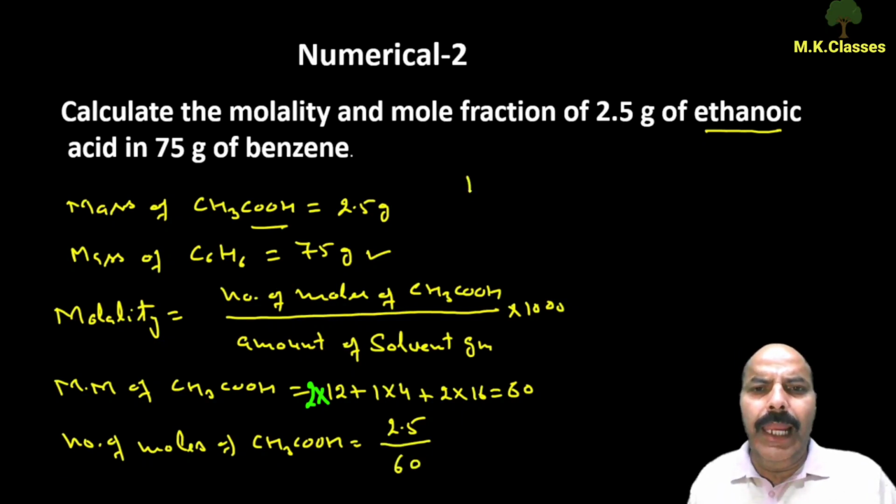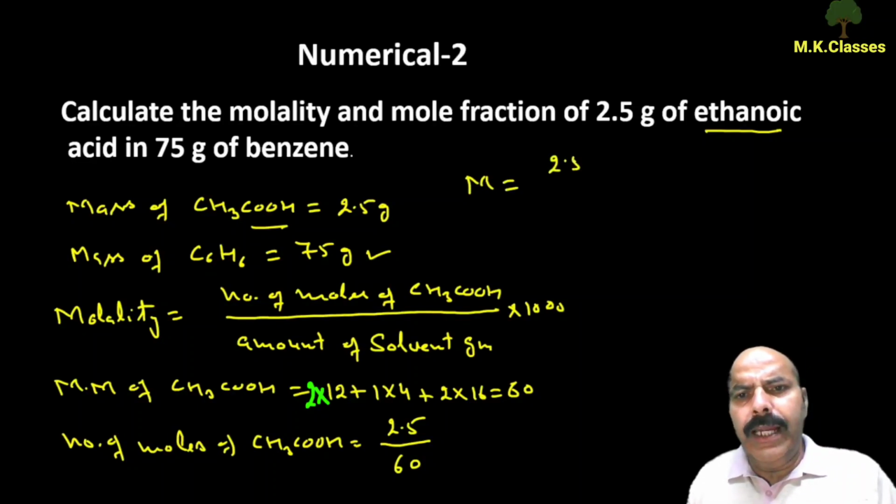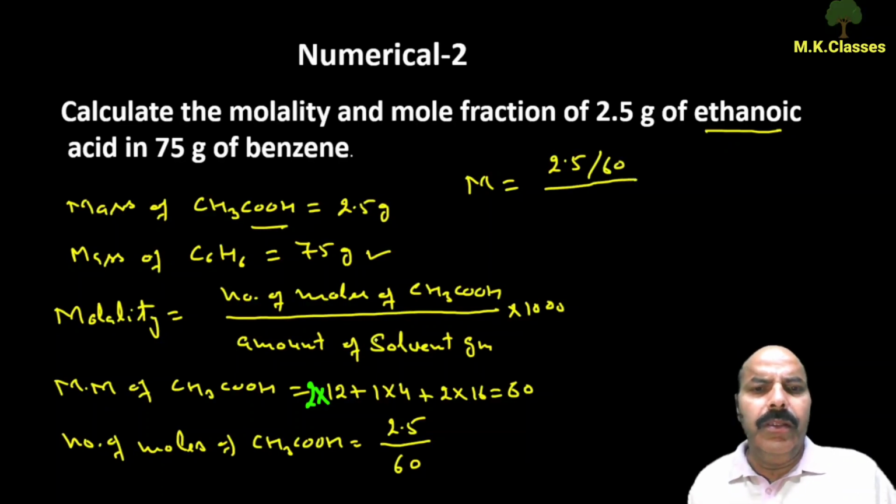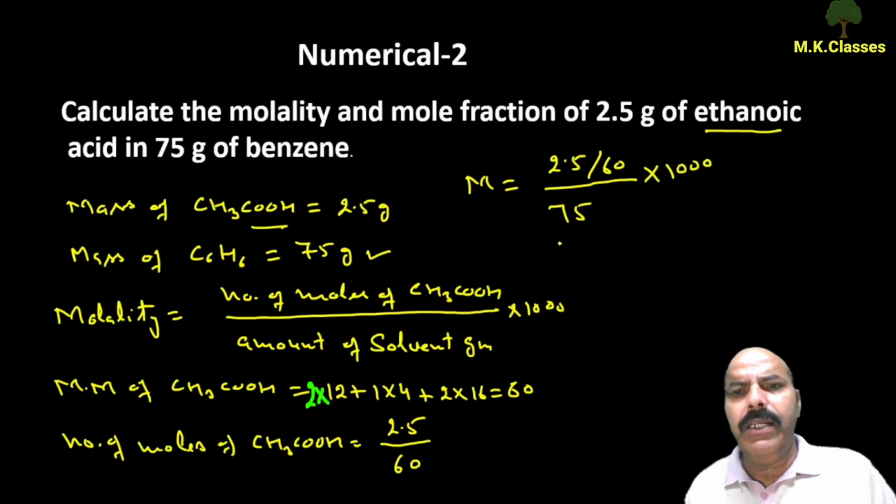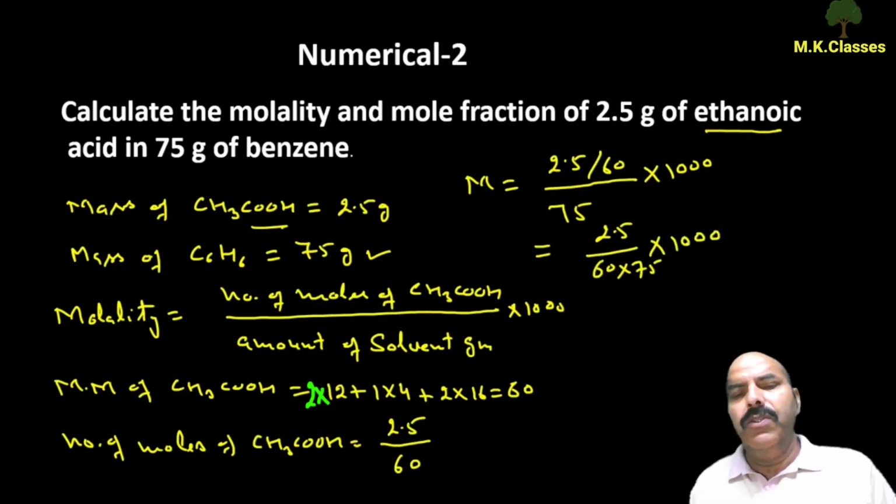So now molality here is equal to number of moles, that is 2.5 upon 60, children, upon the amount of solvent, that is 75 gram, beta, in grams, into 1000. So that will be equal to 2.5 upon 60 into 75 into 1000. So I think you can do the calculation, children, otherwise it will be time consuming.